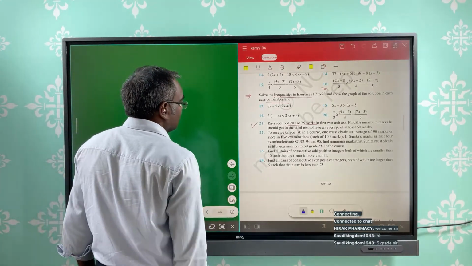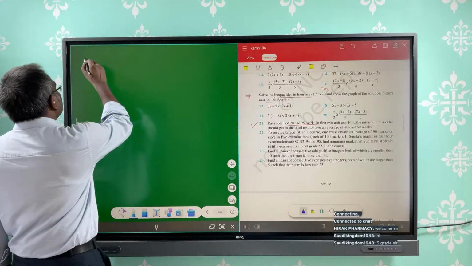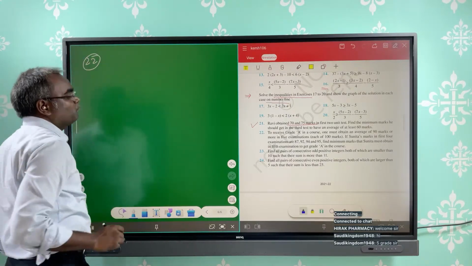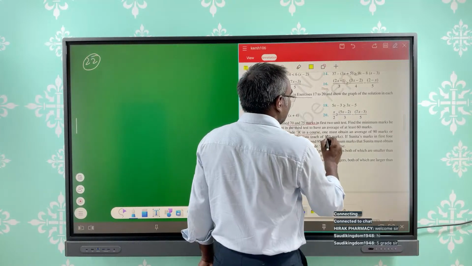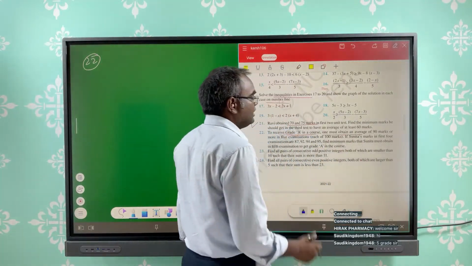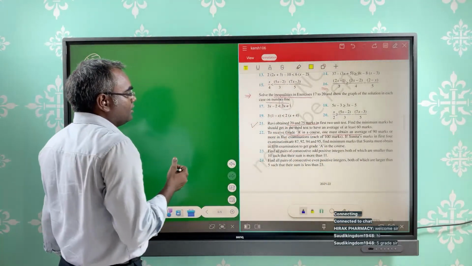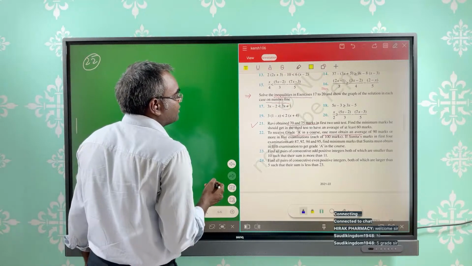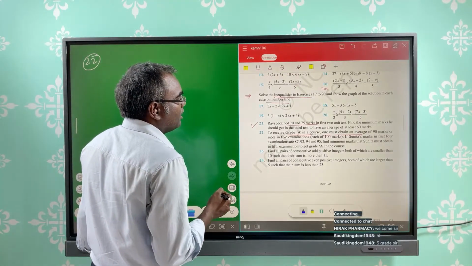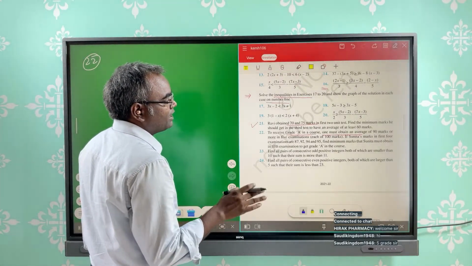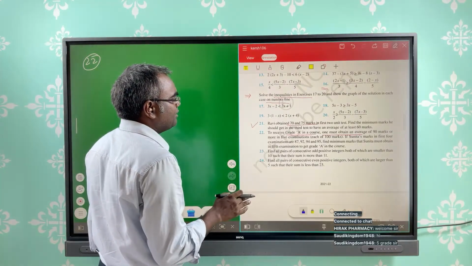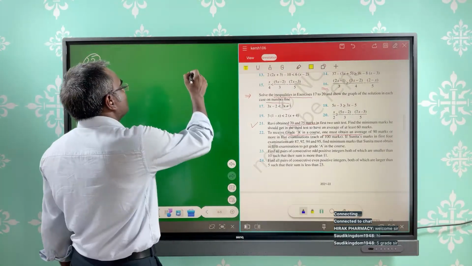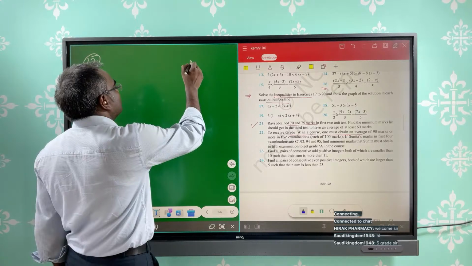Now you can solve question number 22. To receive grade A in a course, one must obtain an average of 90 marks or more in 5 examinations. So grade A means what?